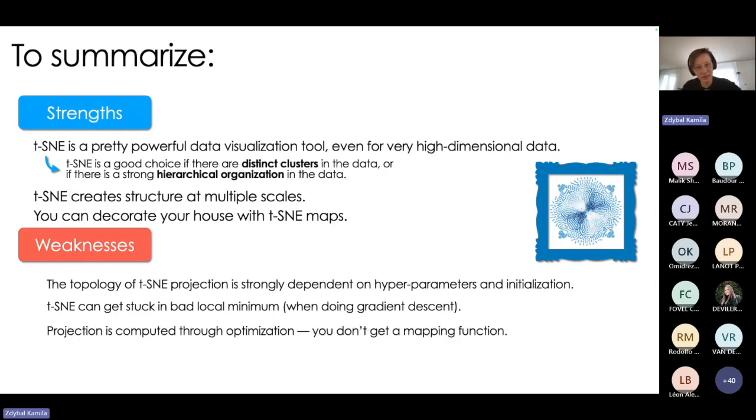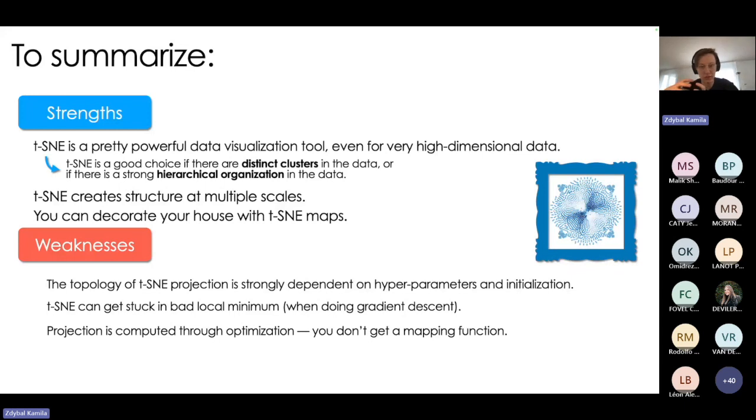And then another thing to remember about t-SNE is that those embeddings, those projections, are computed by solving this optimization problem. So we're minimizing that cost function that describes those probabilities of neighborhoods. And because it's solved through this optimization, using gradient descent to minimize that cost function, you don't really get a mapping function like you do with PCA.